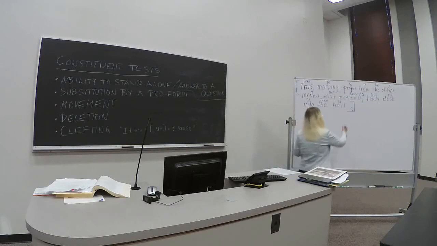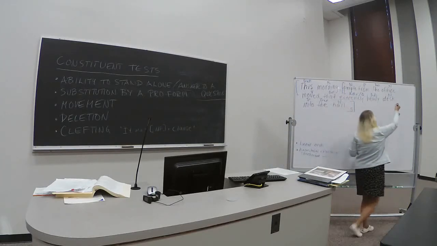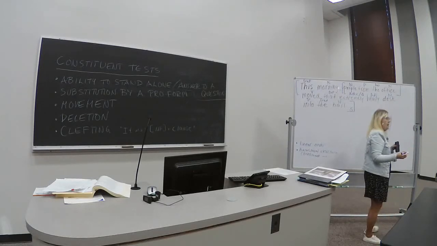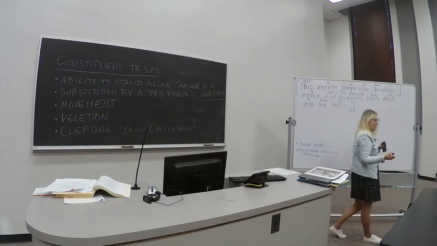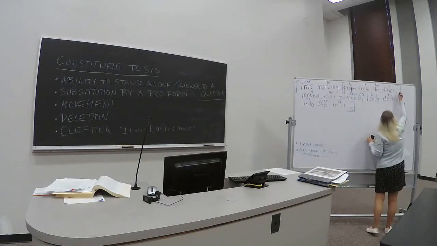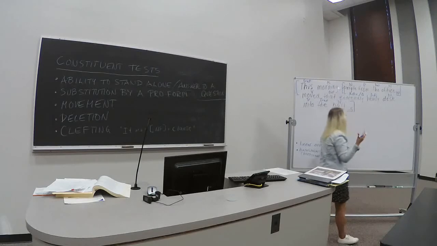People from the office, what kind of a constituent is that? What kind of a phrase is it? Yes. It's a noun phrase because its most important word is office. That's the head of the noun phrase.